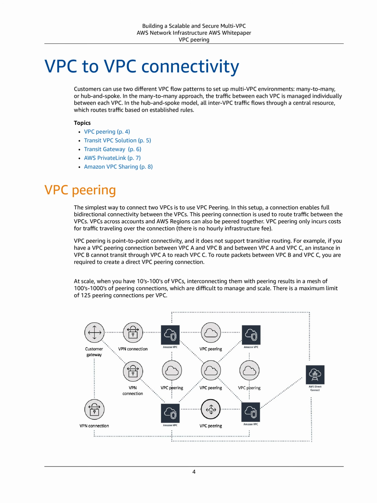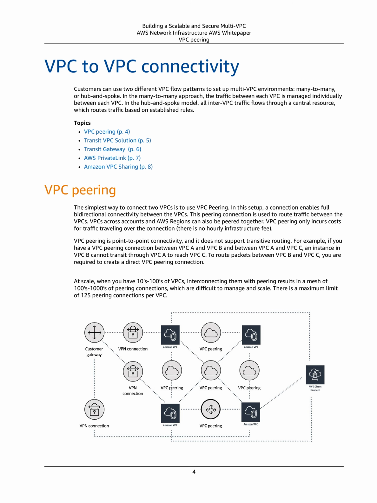VPC peering. The simplest way to connect 2 VPCs is to use VPC peering. In this setup, a connection enables full bidirectional connectivity between the VPCs. This peering connection is used to route traffic between the VPCs. VPCs across accounts and AWS regions can also be peered together.